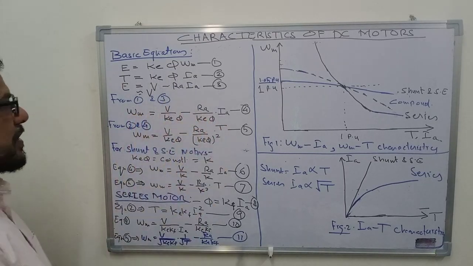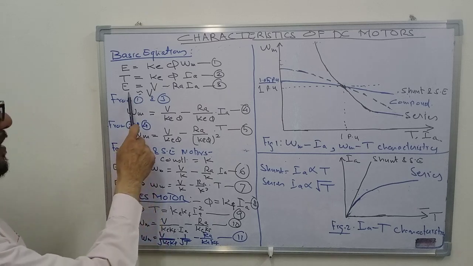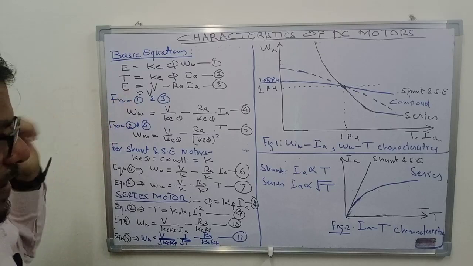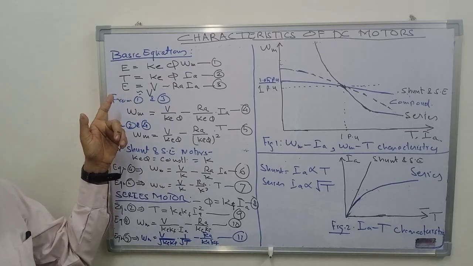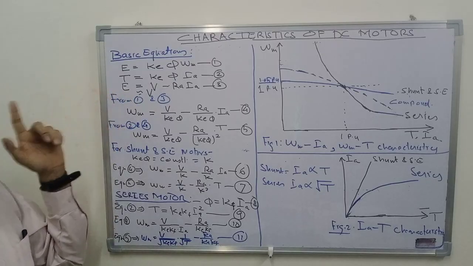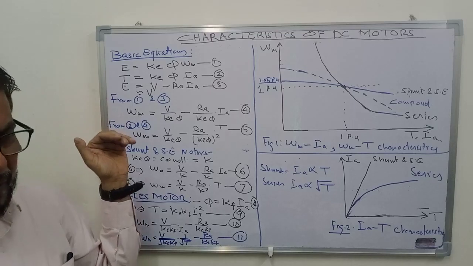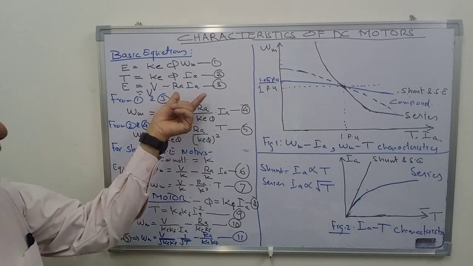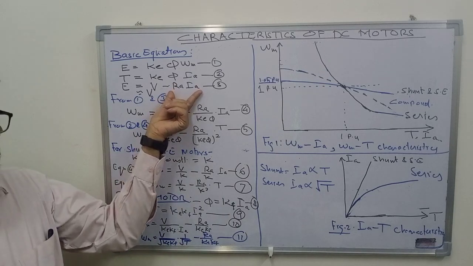This is the second equation, and the third equation relates E and V, the supply voltage, and the back EMF or induced EMF in the armature E. The back EMF will always be equal to V minus the drop in the armature circuit resistance.